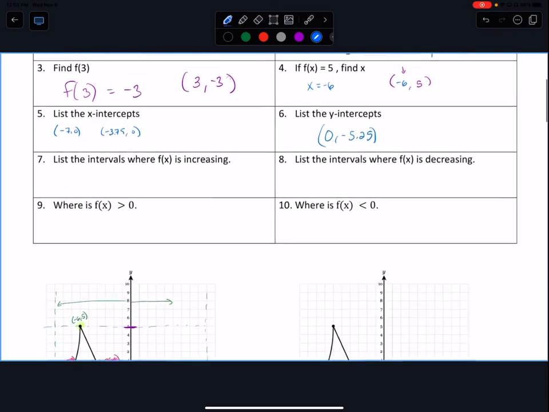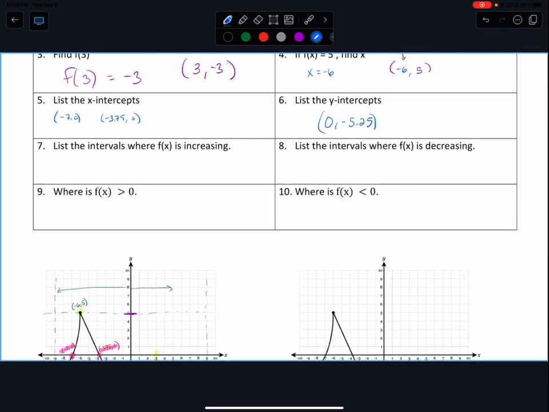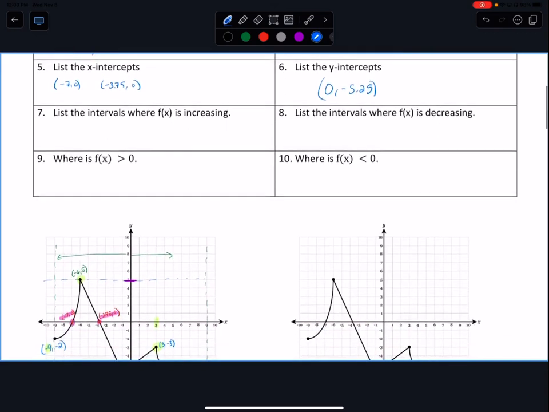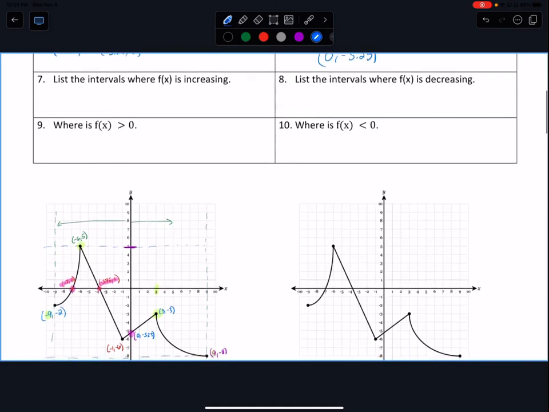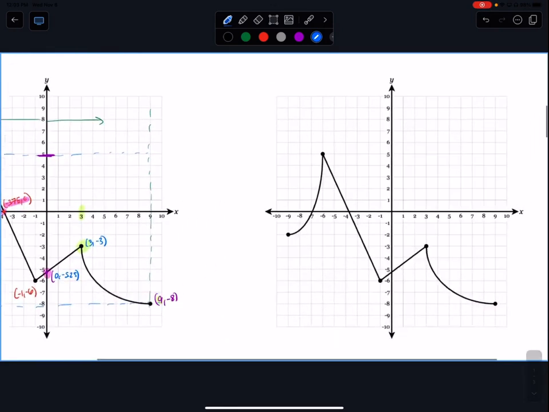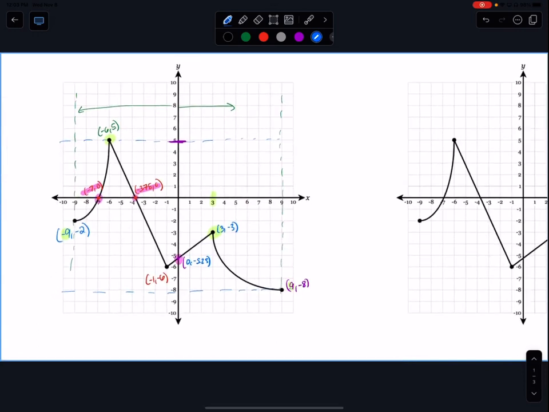All right. So here's where it gets a little more challenging. List the intervals where f of x is increasing. Okay. I'm going to erase a few things here, this is where I want you guys to use your colored pencils.